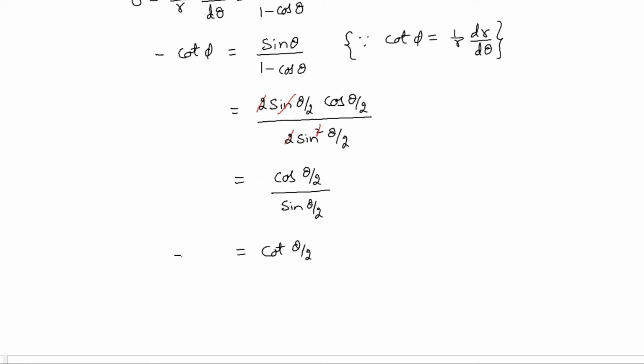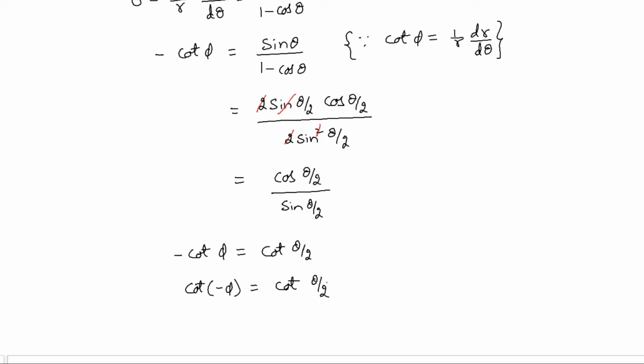So here you have minus cot of phi is equal to cot of theta by 2. Because this negative sign is there, we can rewrite this negative sign as cot of minus phi. So we know that cot of minus phi is nothing but minus cot phi. So therefore I can take that minus inside, and this cot of theta by 2 will be as it is.